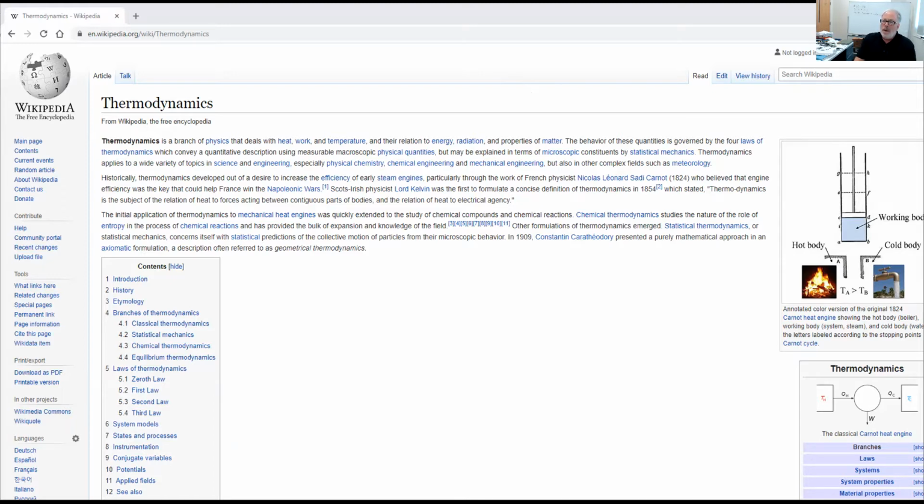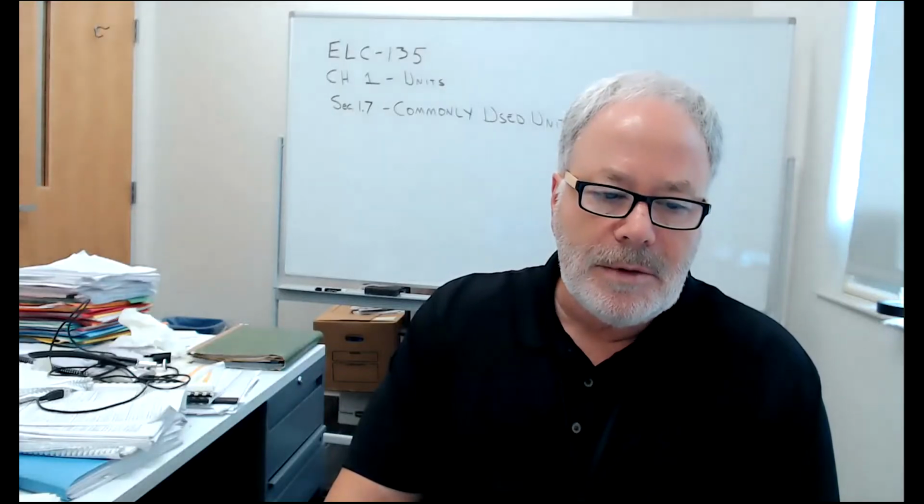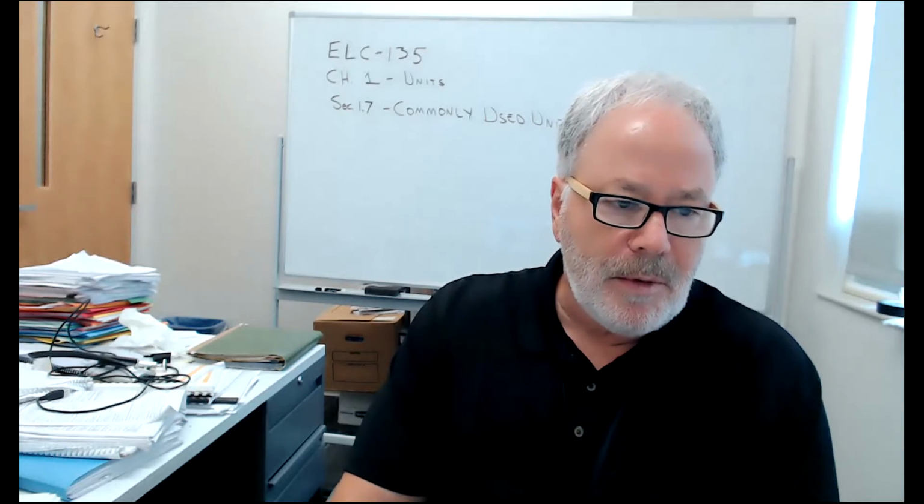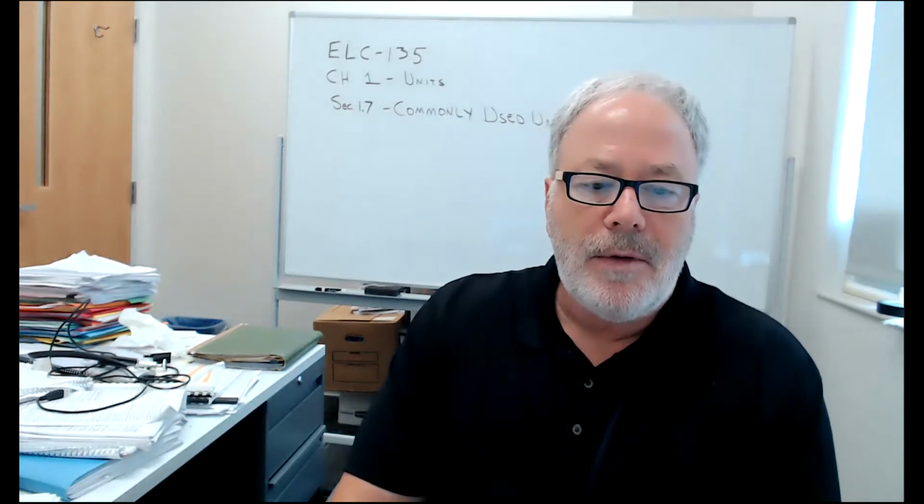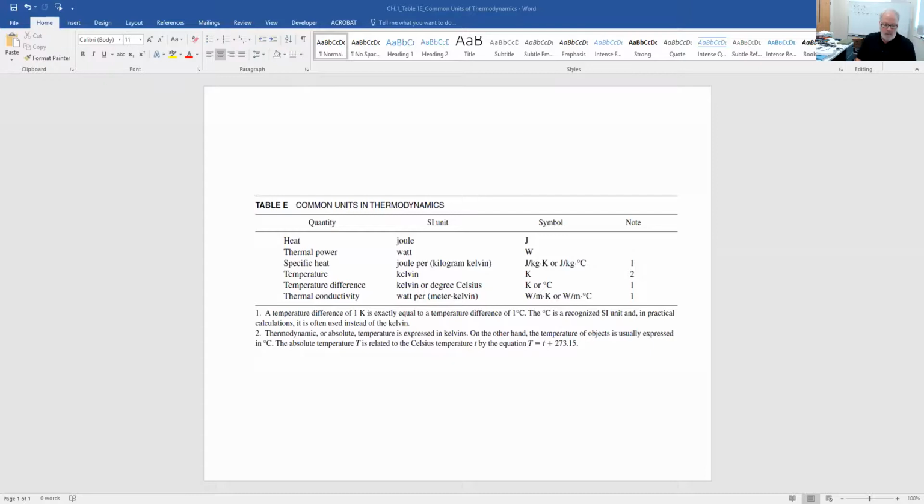So along with that, there are some terms. Let's see if I can find these for us. This would be table 1E. I'll share this with you and we'll look at it. Table 1E shows us some of the common units in thermodynamics: heat, thermal power, specific heat, and so on.